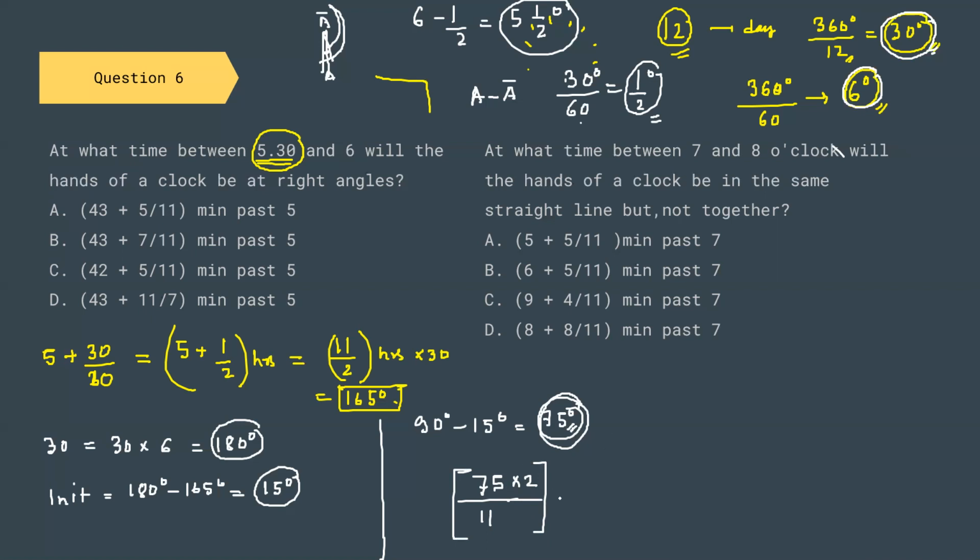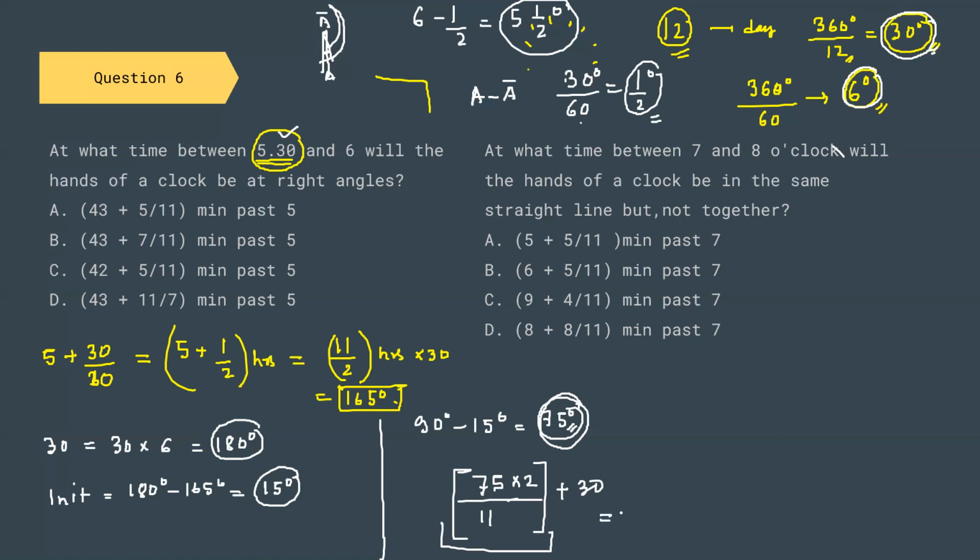We are calculating it after 5:30 because we have calculated the initial angle at 5:30. So we have to add 30 minutes in. This amount of minutes will be after 5:30.